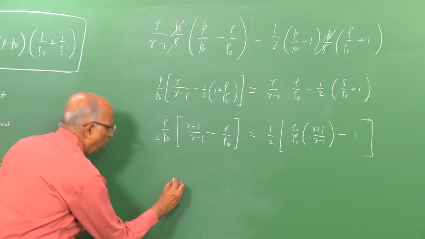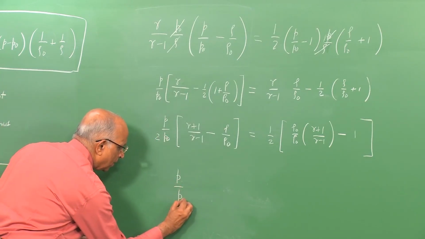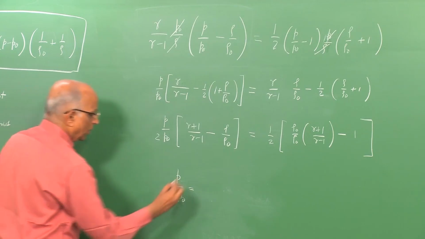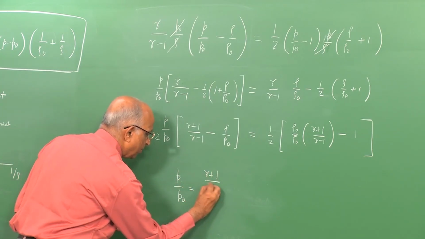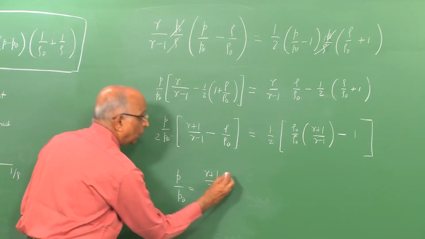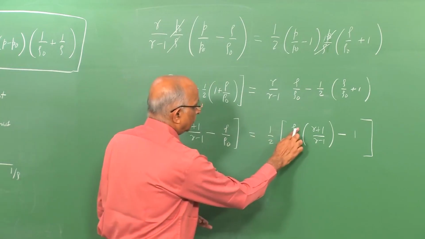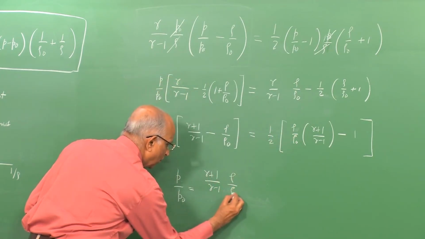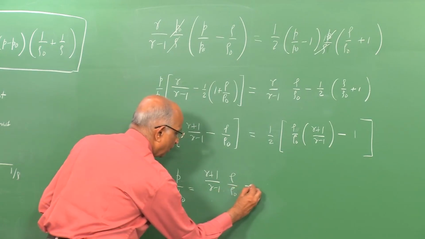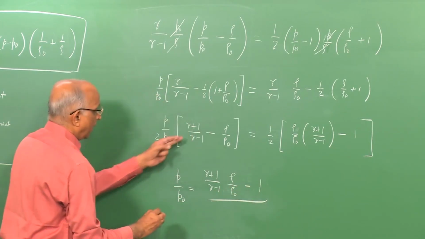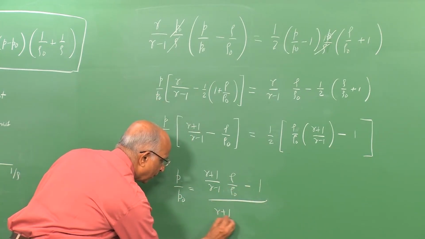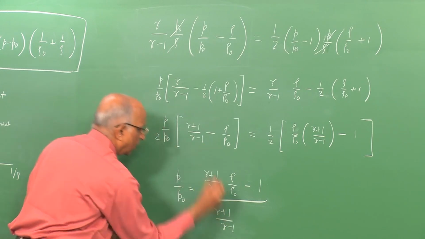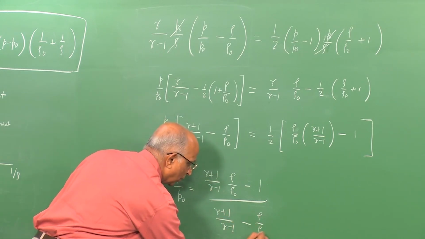I get the value of P by P0 is equal to gamma plus 1 divided by gamma minus 1 into rho by rho0 into rho by rho0 minus 1, divided by gamma plus 1 divided by gamma minus 1 minus rho by rho0.